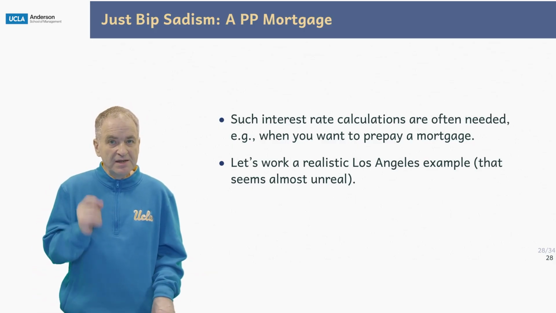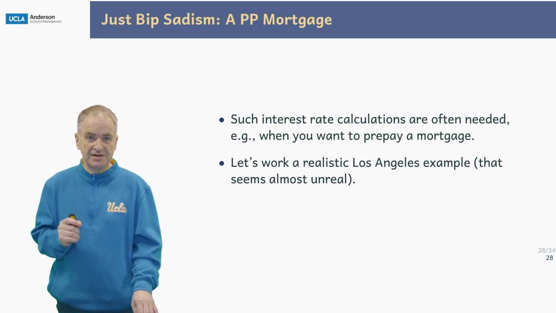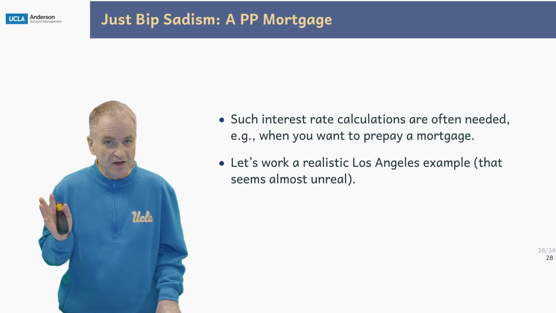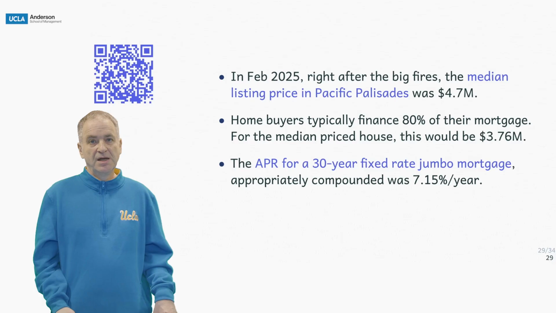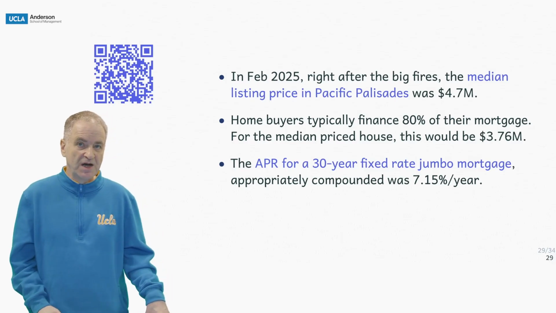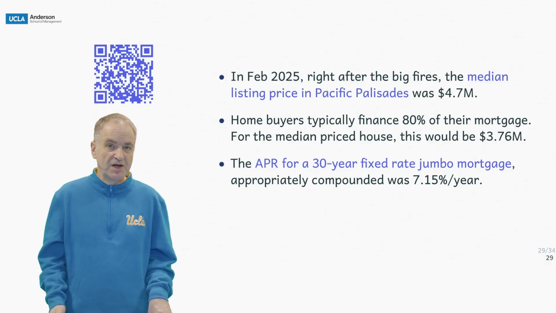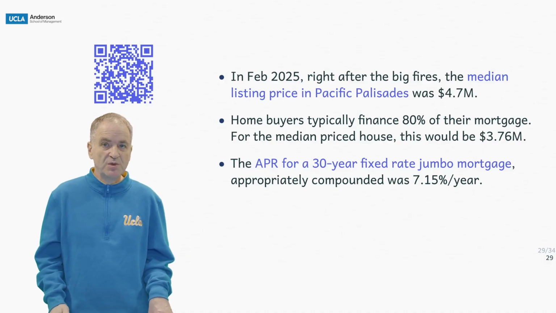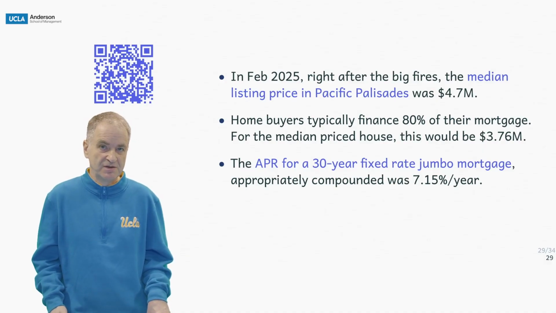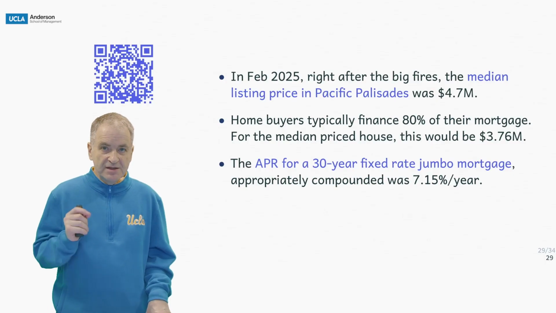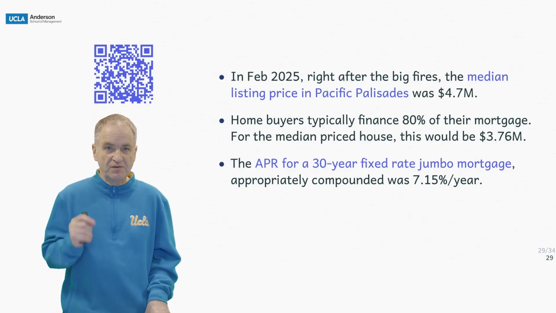Let's work a realistic Los Angeles example that seems almost unreal. In February 2025, right after the big fires, the median listing price in Pacific Palisades was $4.7 million. Homebuyers typically finance 80% of their mortgage.